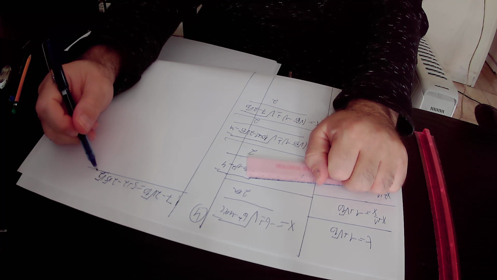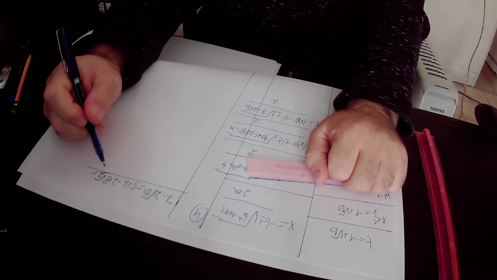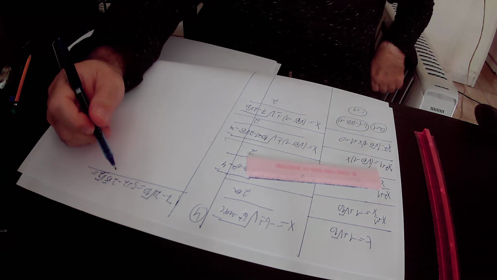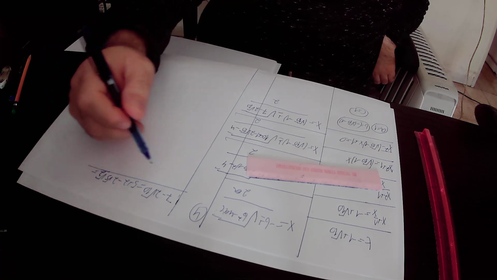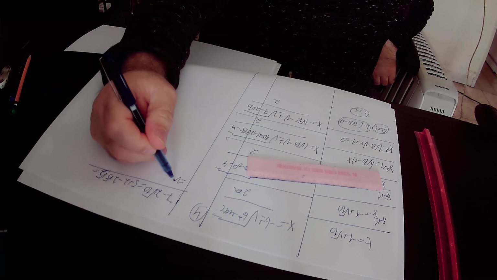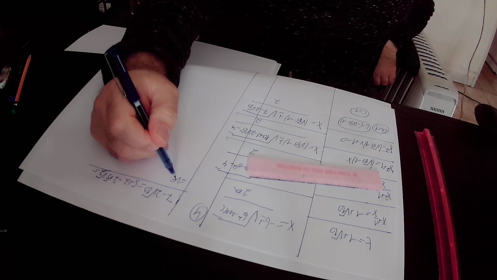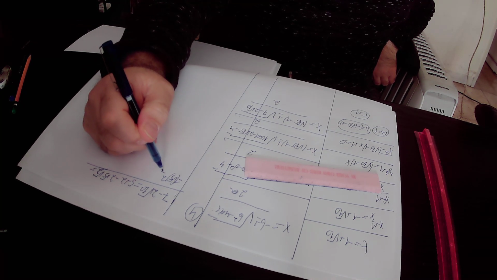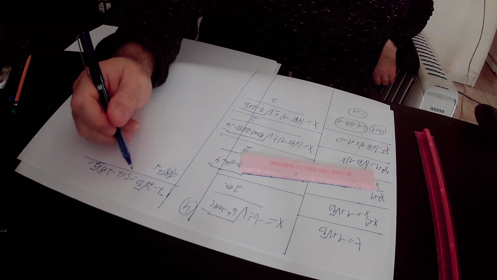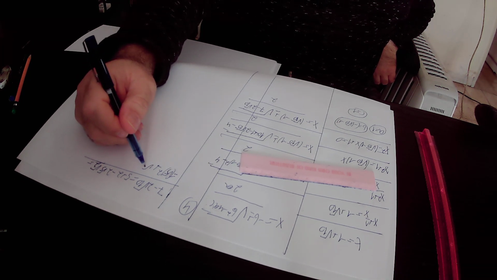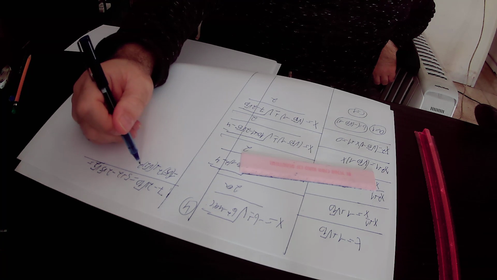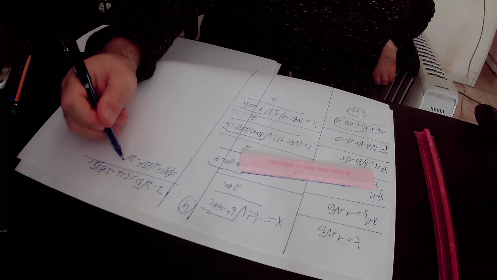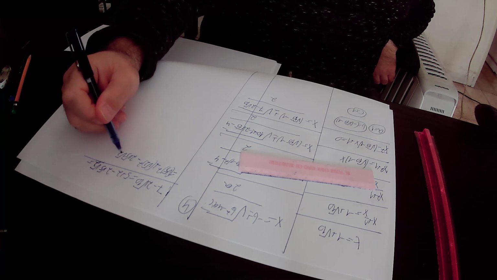So 5 is square root of 5 squared, plus 2, which is square root of 2 squared, minus 2 times square root of 2 times square root of 5.